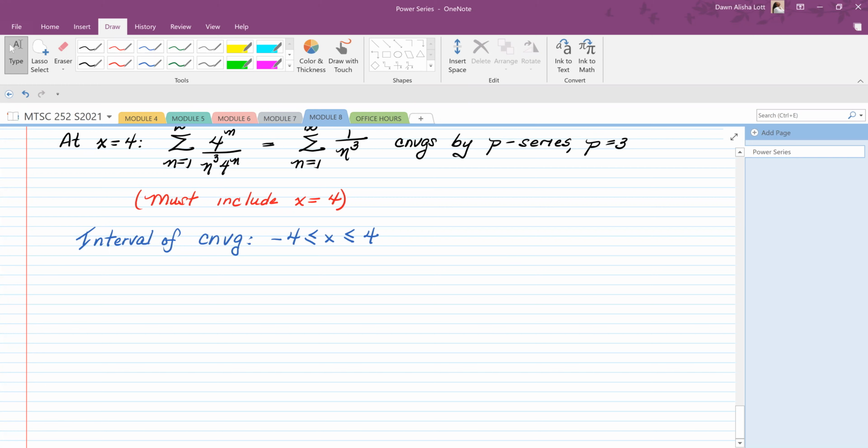Okay, we'll find out. Here's number 3. Let's do this one. Okay, so since I have an n factorial, I'm going to use the ratio test.